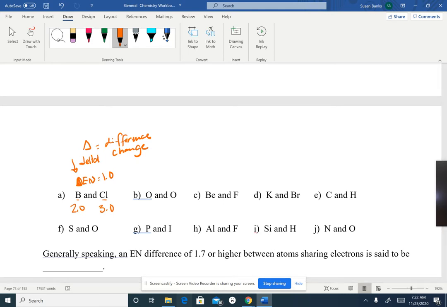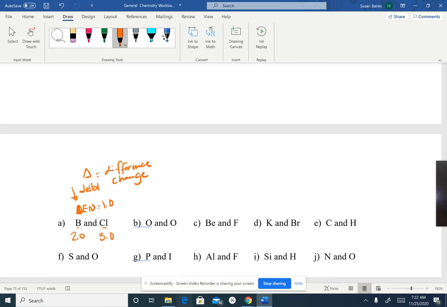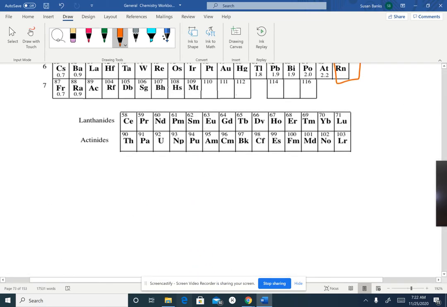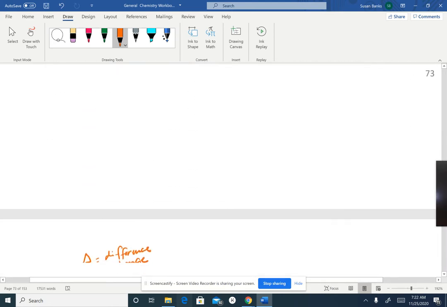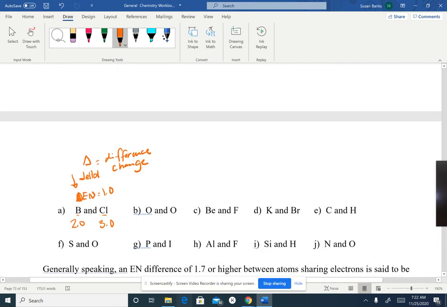Now oxygen, let's look at oxygen. Oxygen is 3.5 right here. So 3.5 minus 3.5, our electronegativity difference here is 0. Okay, we're going to look at beryllium and fluorine.